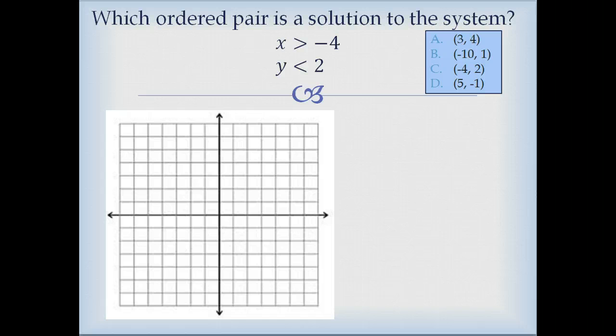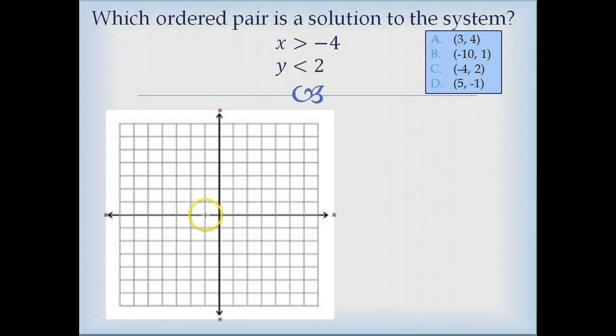The other way to do this is to go ahead and graph the lines. So if I have x is greater than or equal to negative 4, if you have x equals a number, that is a horizontal line at that value.